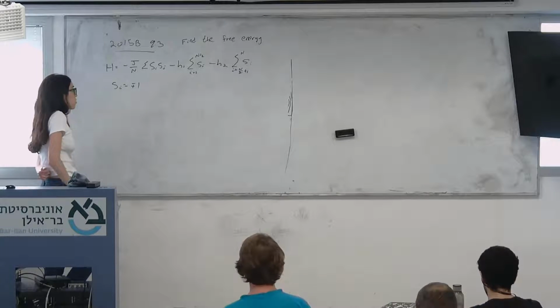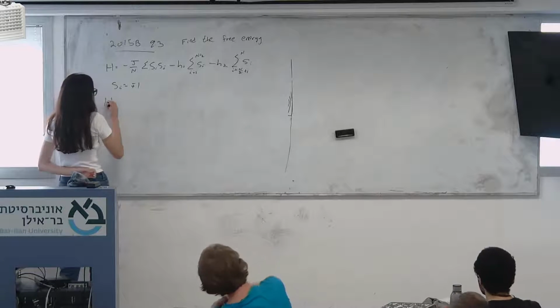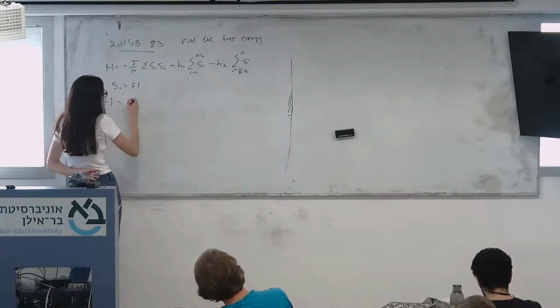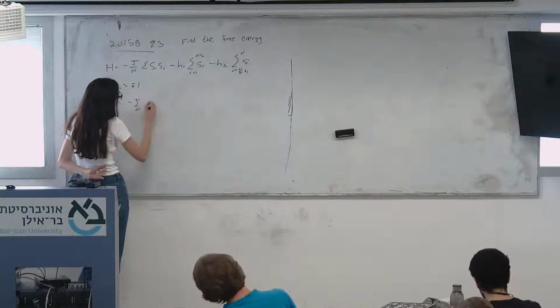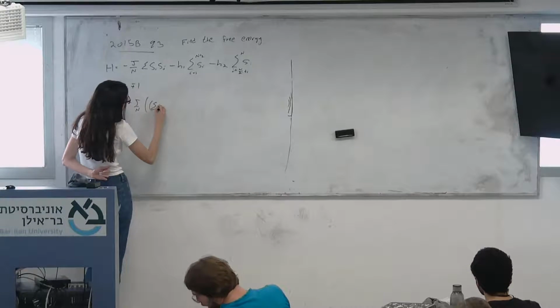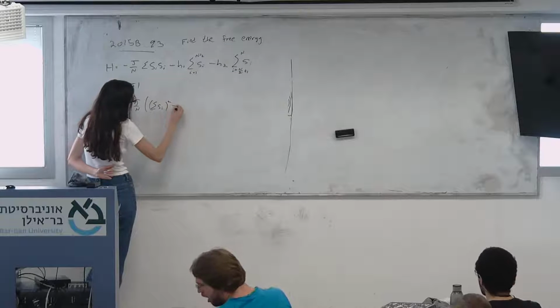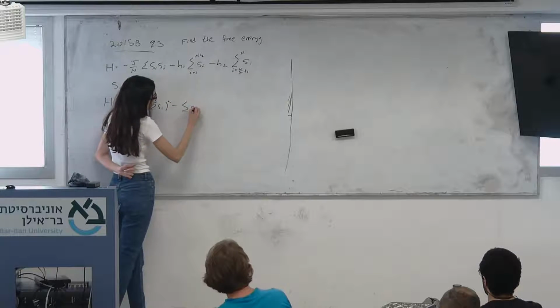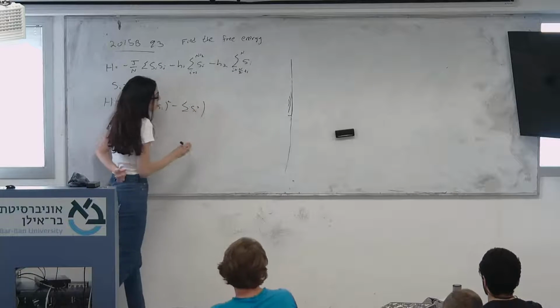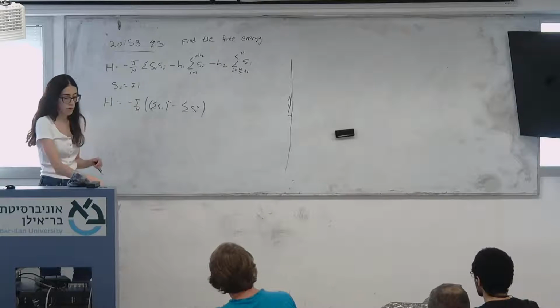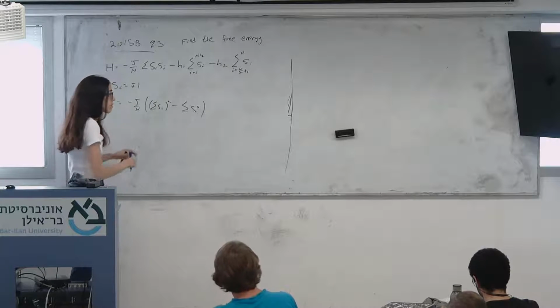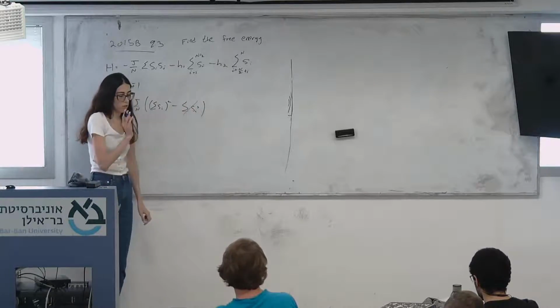Okay, so we use the same kind of trick as we did before. We rewrite that as the sum of SI squared. But now SI squared is always going to give us 1, so we can just ignore that. This is just a number.